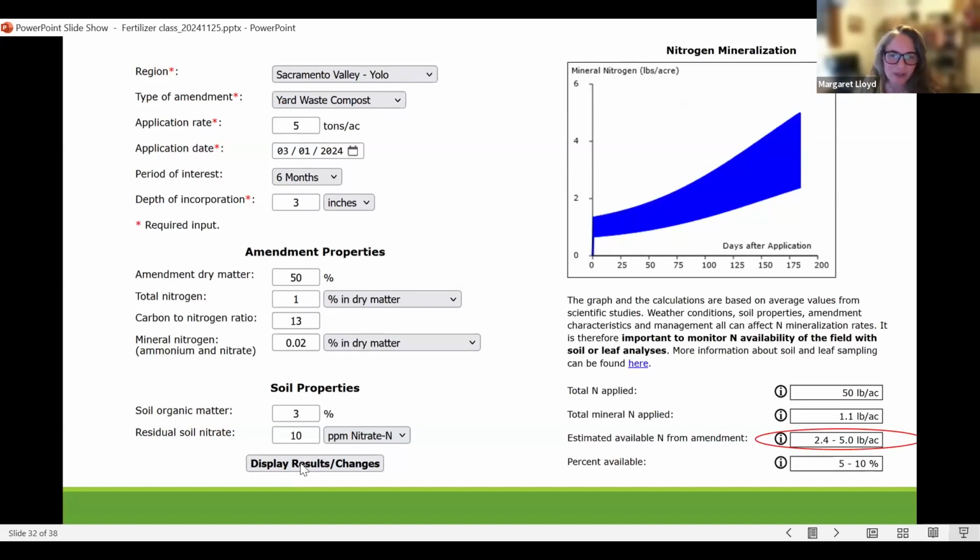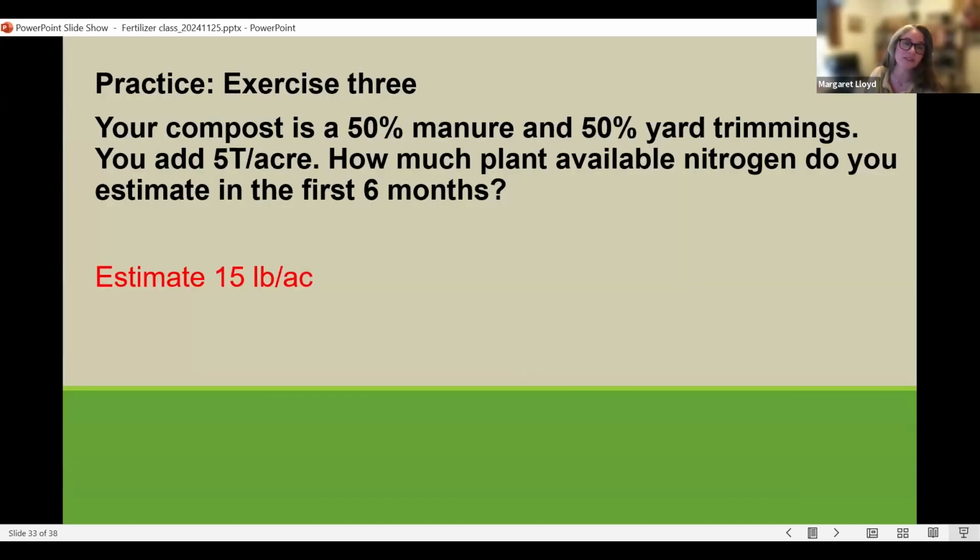And this spit out 2.4 to 5 pounds. So if we take the average of those two, we fall right in the middle at about 15 pounds. So that was how I used these different tools to deal with a material that didn't perfectly fit into the existing options I was given.